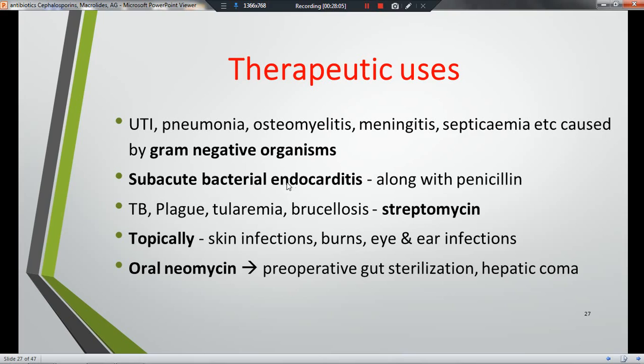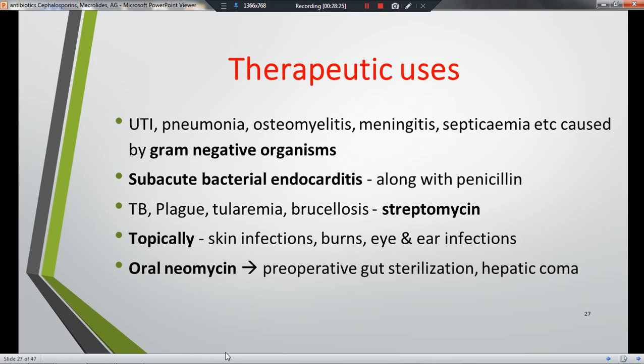In subacute bacterial endocarditis, you give it along with penicillin. For TB, plague, tularemia, brucellosis, streptomycin is given along with tetracyclines. Topically, you can administer these agents for skin infections, burns, eye and ear infections.